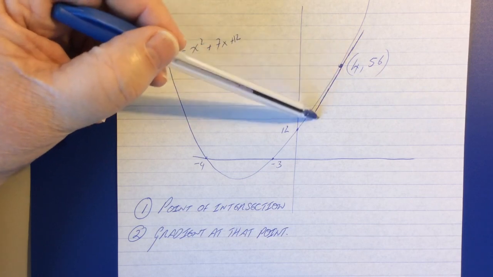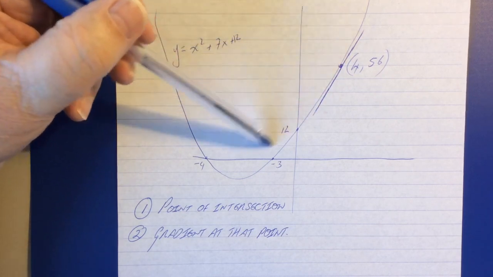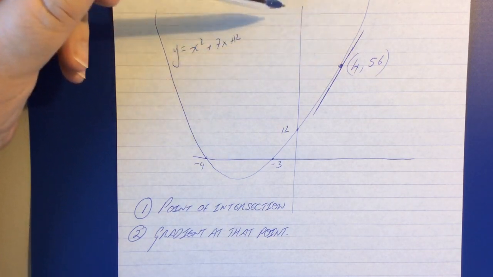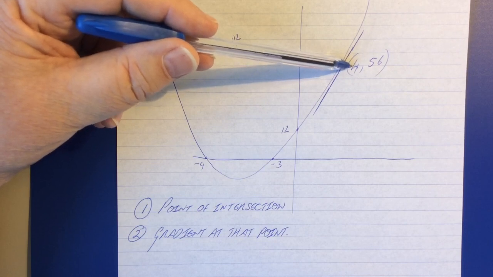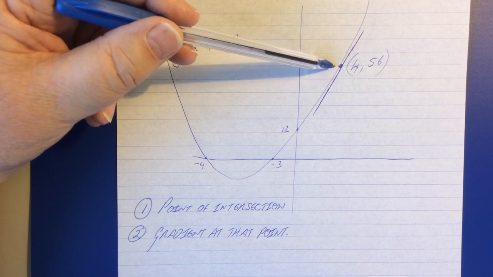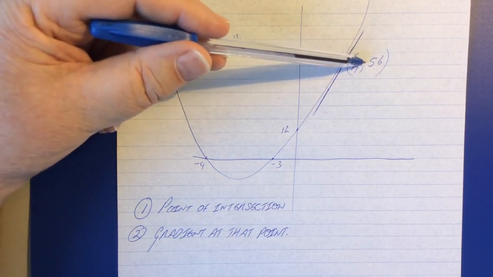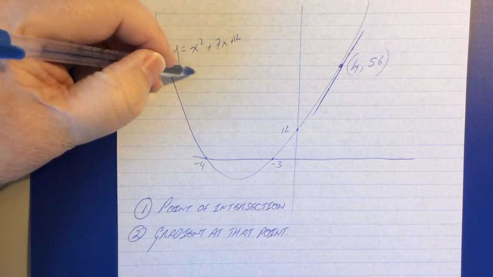This is the line that intersects, or hits, this parabola at the point x equals 4. And the coordinate of the point of intersection is (4, 56). How I get that is simply by putting 4 into this equation.